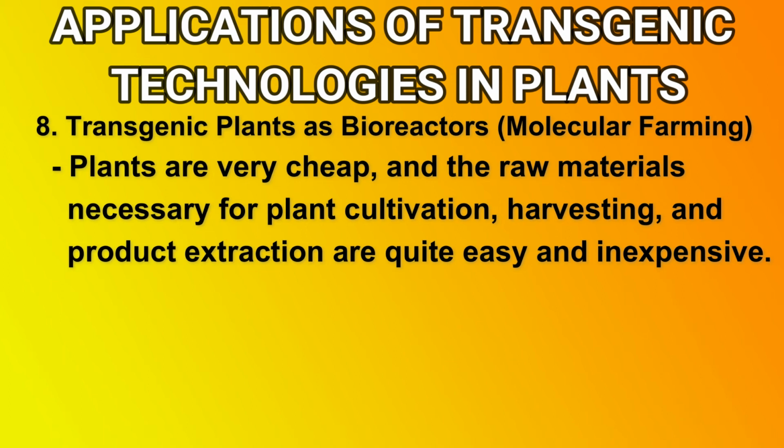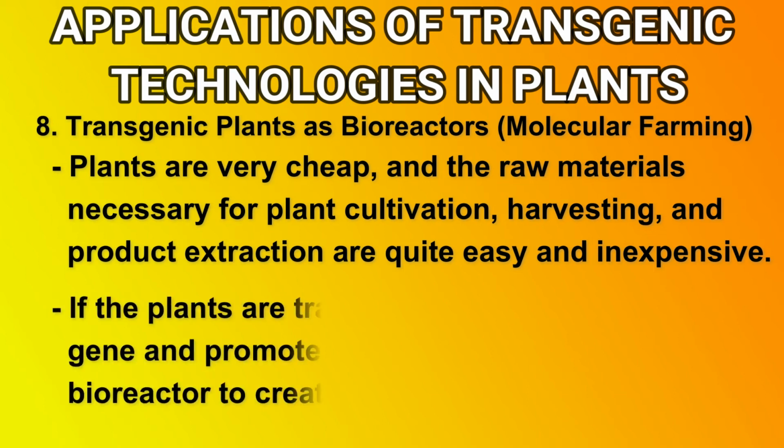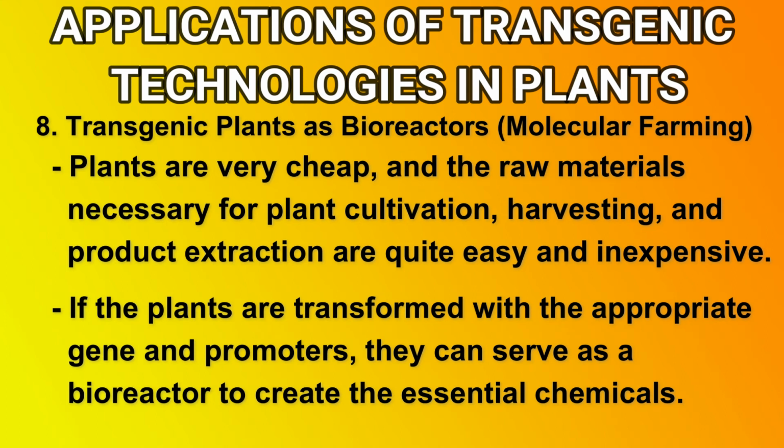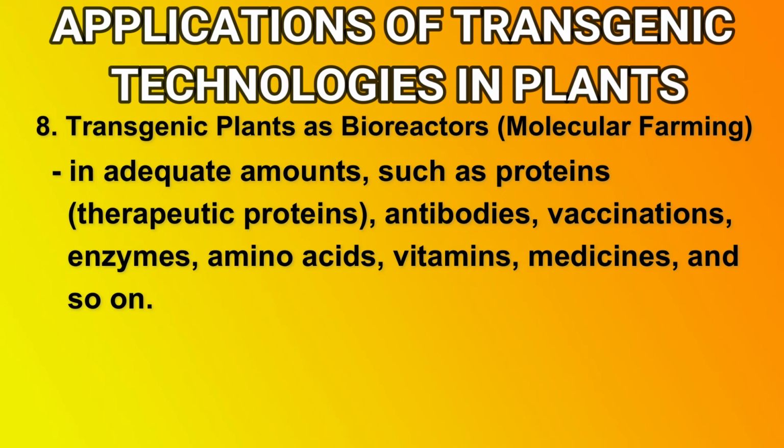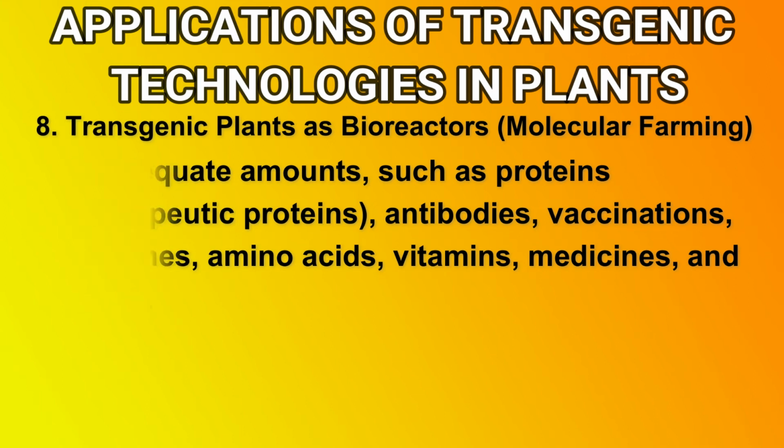Plants are very cheap, and the raw materials necessary for plant cultivation, harvesting, and product extraction are quite easy and inexpensive. If the plants are transformed with the appropriate gene and promoters, they can serve as bioreactors to create the essential chemicals in adequate amounts, such as proteins, therapeutic proteins, antibodies, vaccinations, enzymes, amino acids, vitamins, medicines, and so on.